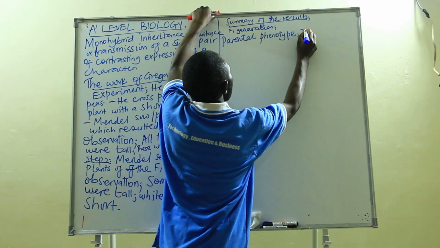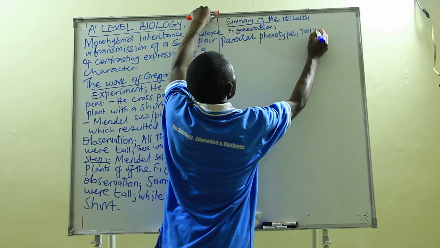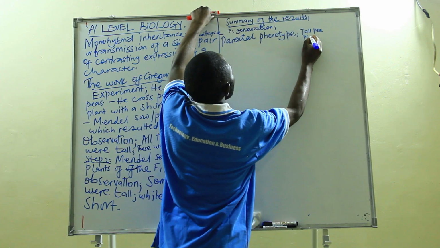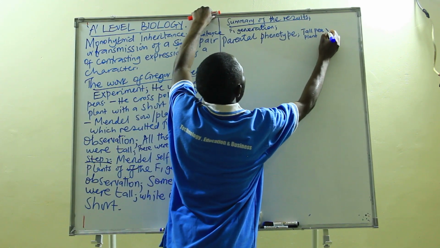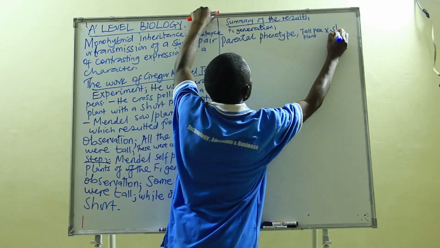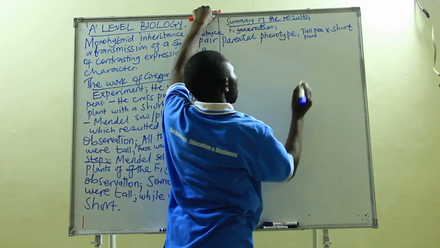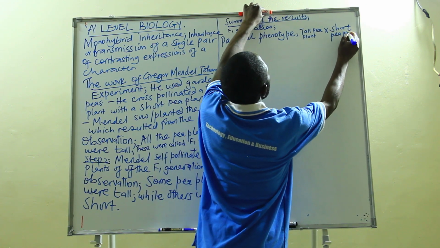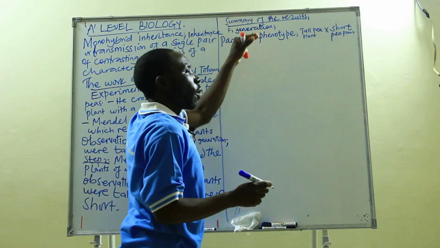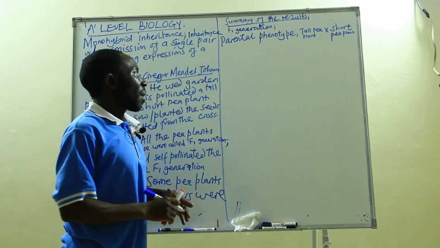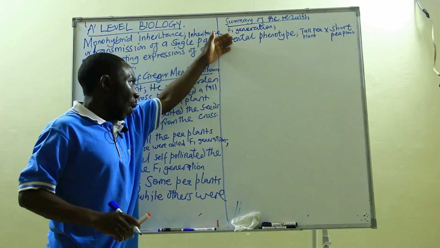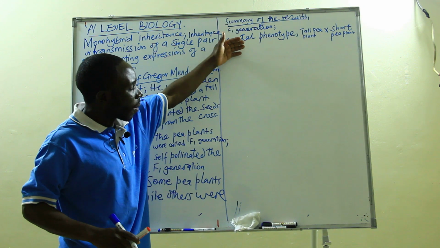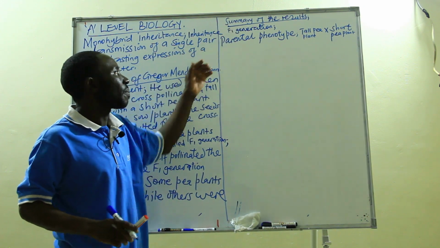We have a tall pea plant, and we are crossing it with a short pea plant. So physically, one parent is tall and the other one is short.